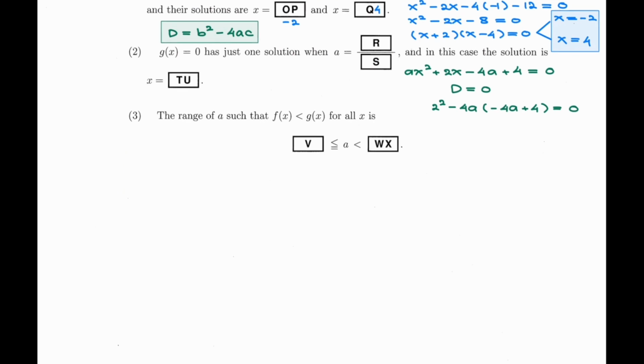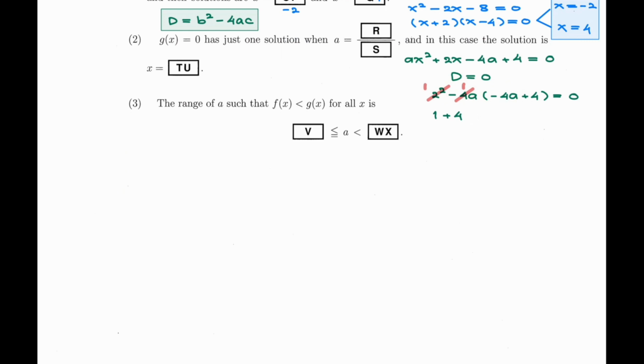First of all, I can divide all the terms by 4. If you divide all the terms by 4, this one becomes 1, and this one also becomes 1. And then I will get 1 minus negative 1 times negative 4a, you will get plus 4a. And then negative 1 times 4, you will get negative 4. This is a, yeah?